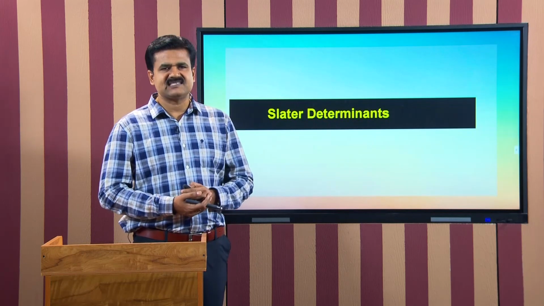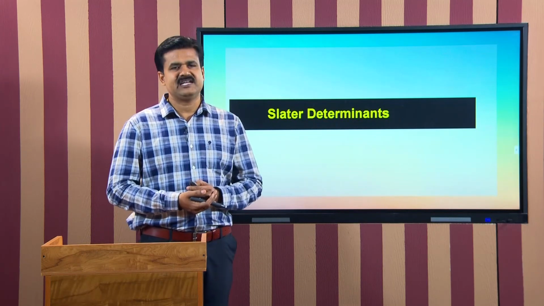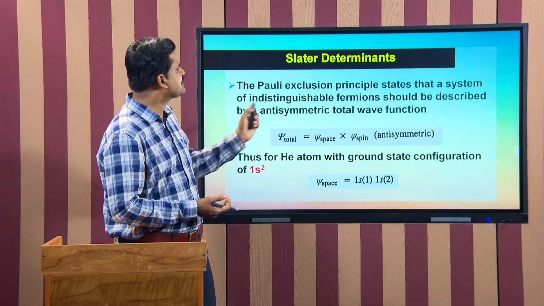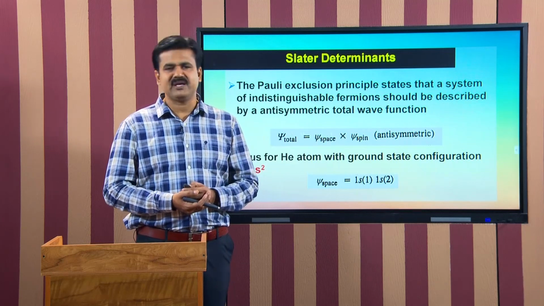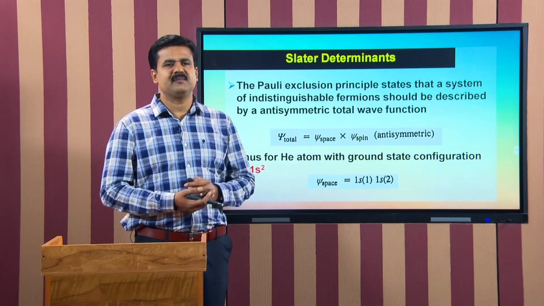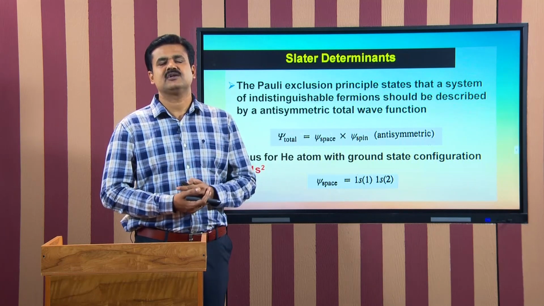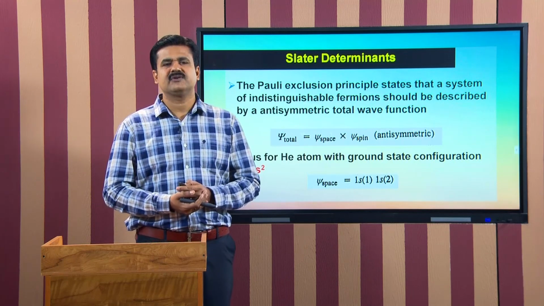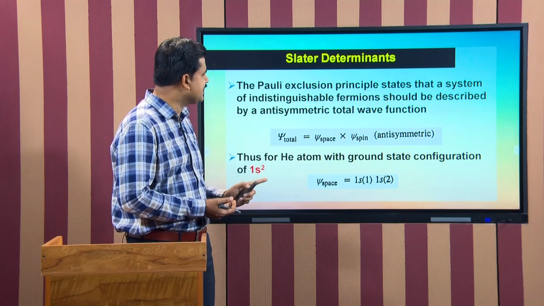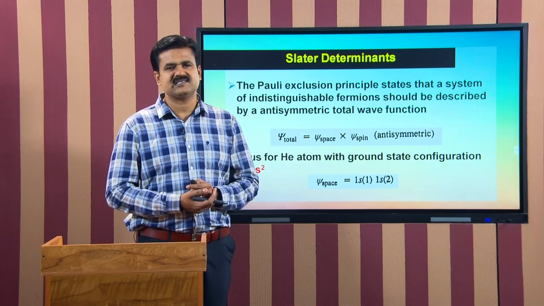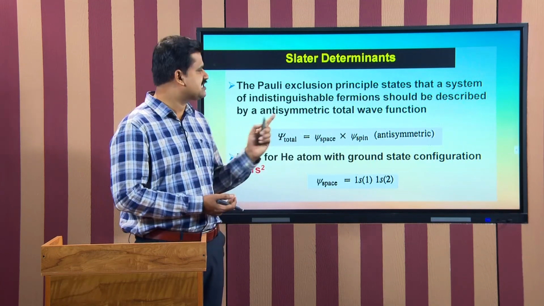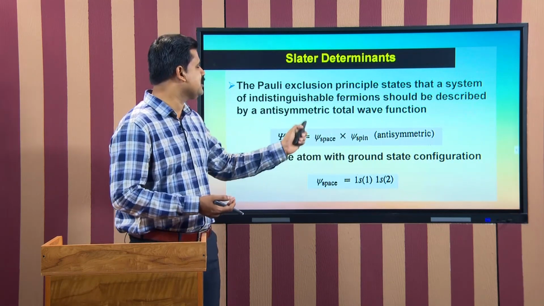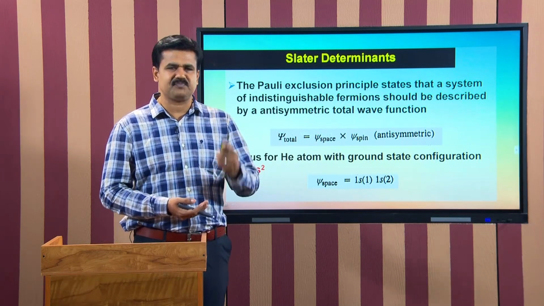Now we are discussing the Slater determinants. The Pauli exclusion principle states that a system of indistinguishable fermions should be described by an antisymmetric total wave function. That is, psi total is the product of two parts: the symmetric spatial function psi space and the antisymmetric spin function psi spin, or simply psi total equals psi space into psi spin.